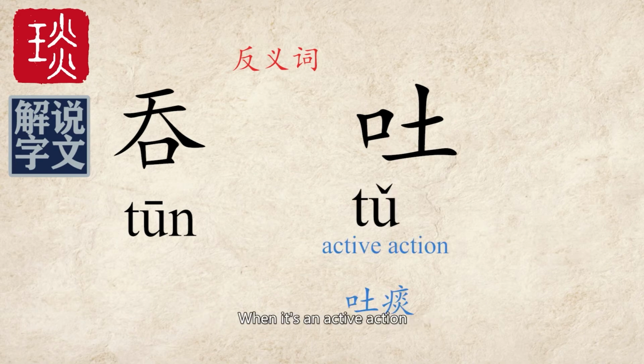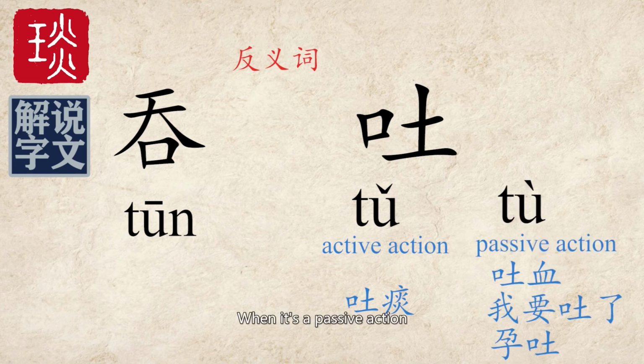When it's an active action, which means someone does it on purpose, it's pronounced as tǔ, the third tone. 吐痰. When it's a passive action, which means something happened without control, it's pronounced as tù, the fourth tone. 吐血, throw up blood.